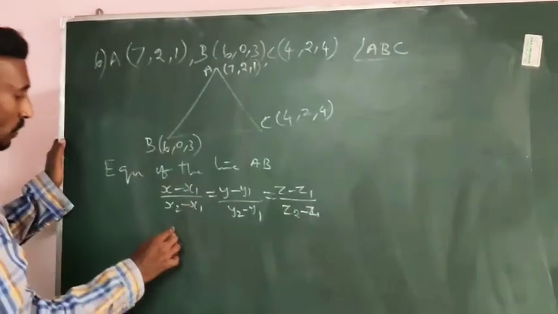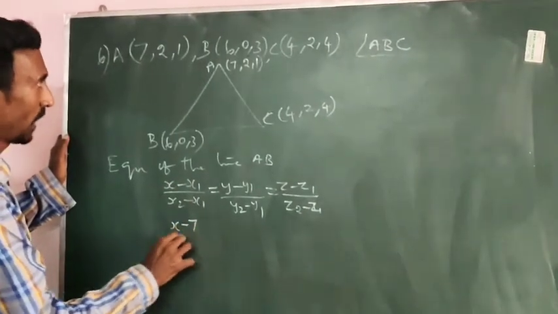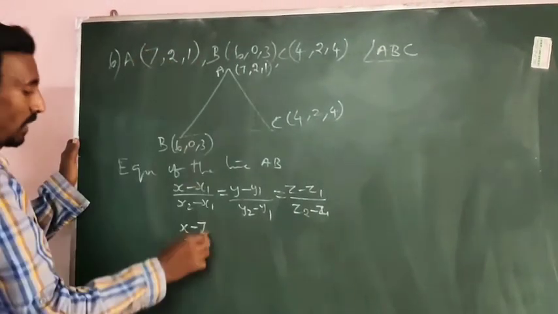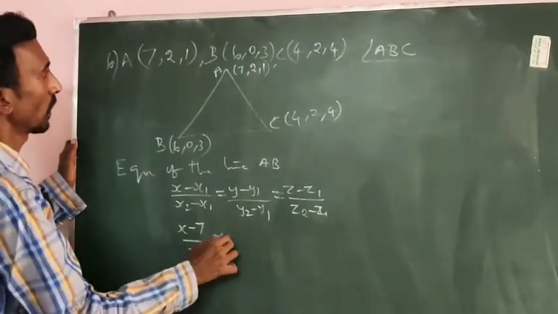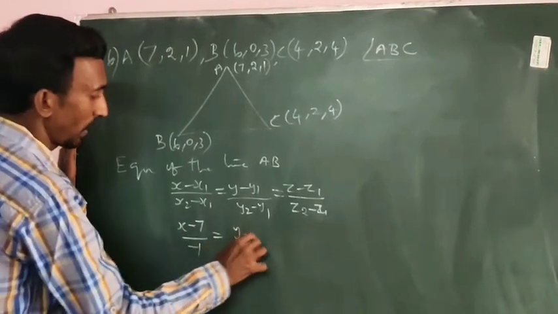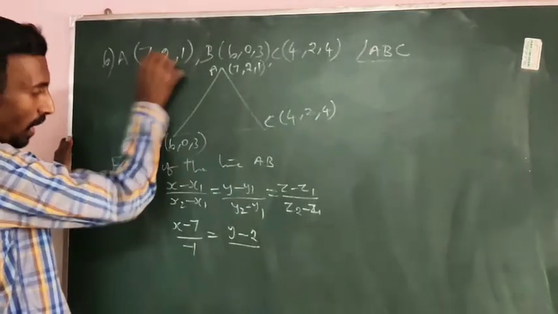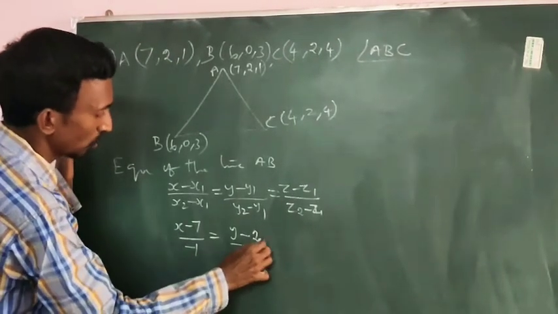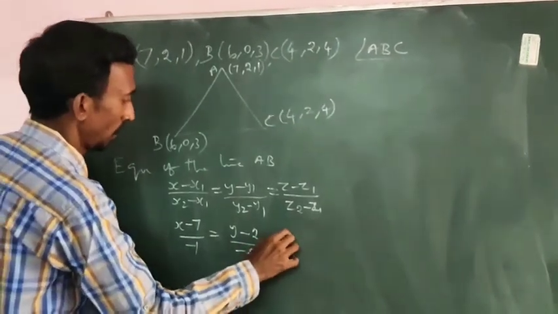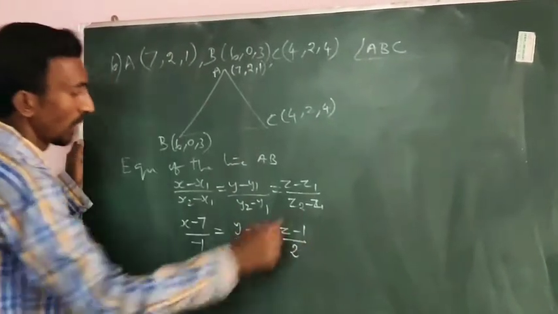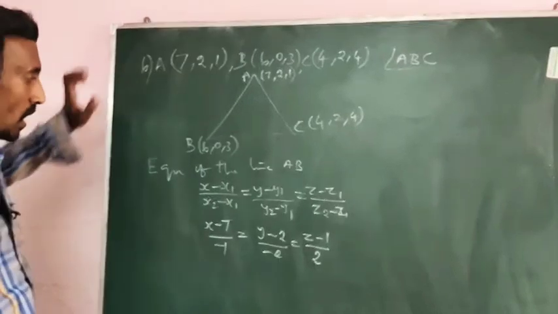Okay, so (x minus 7) by (6 minus 7), that is minus 1. And (y minus 2) by (0 minus 2), so minus 2, equal to (z minus 1) by (3 minus 1), that is 2. It is the equation of the line AB.